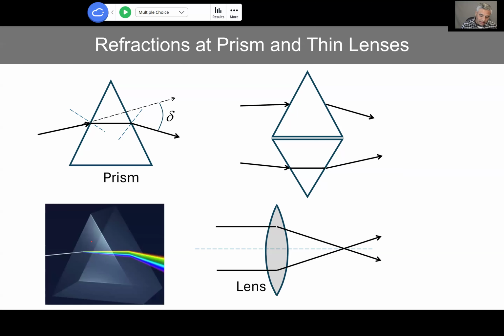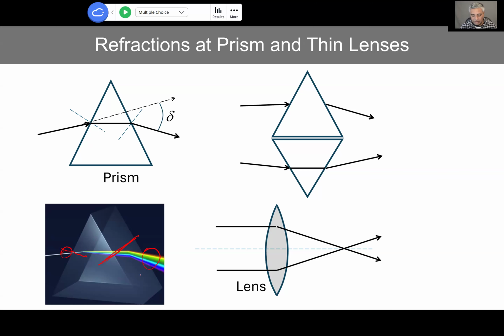So here is the drawing that shows you that it's happening something like that. These different colors of light have different refractive indices, and because of that they bend at slightly different angles. That's why white light spreads into these colors.